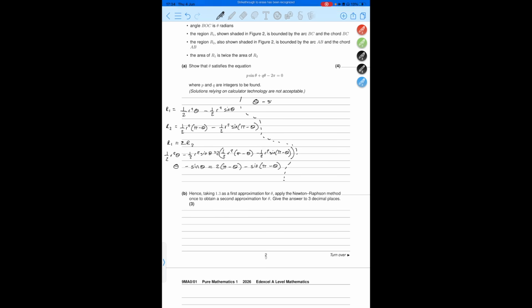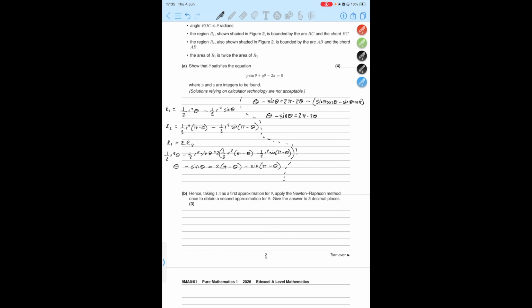So theta minus sine theta equals 2 pi minus 2 theta minus, let's use the formula now, sine pi cos theta minus sine theta cos pi. Okay? So now that should give us theta minus sine theta equals 2 pi minus 2 theta.